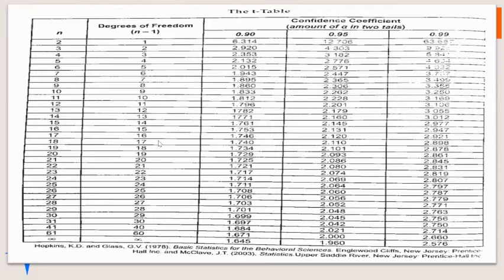But when your standard deviation, or sigma, is unknown and only s is available, the 0.05 confidence interval is sample mean plus or minus 2.09 multiplied by your s over the square root of n. So the confidence coefficient is 2.09. Okay?